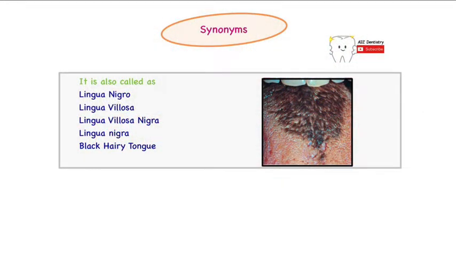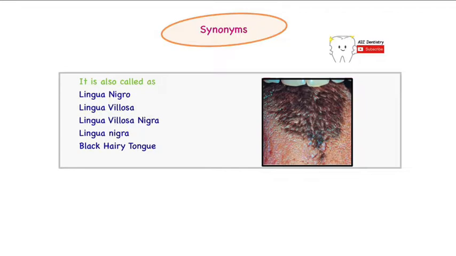So basically, hairy tongue is also known by many other names. These are some of the synonyms used for hairy tongue. It is also known as lingua nigra, lingua villosa nigra, and black hairy tongue.